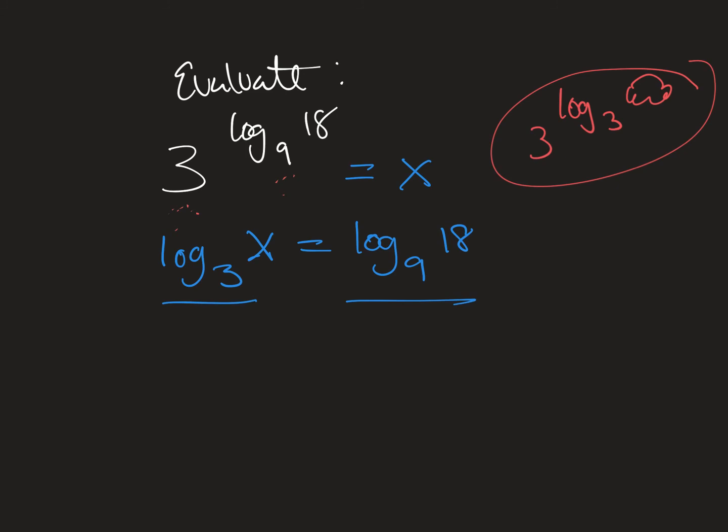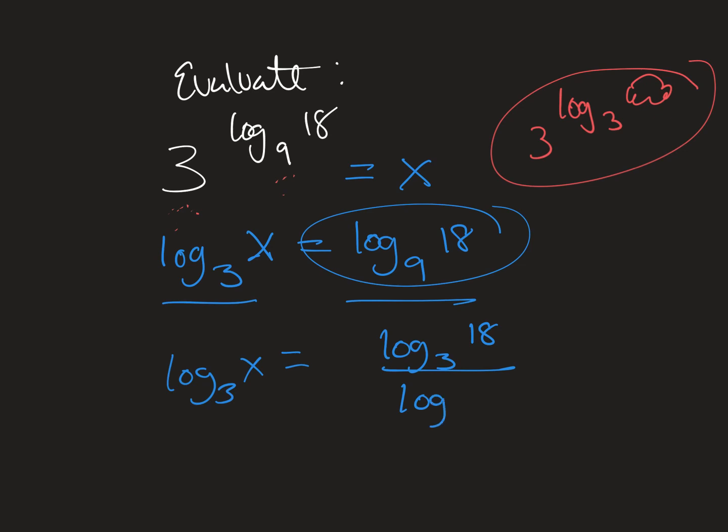Sadly, they're not, but change of base is such that let's just make them the same, and let's pray it works out. So I'm going to keep this left side the same, but let's rewrite this right side in terms of base 3. So this is log base 3 of 18 over log base 3 of 9.